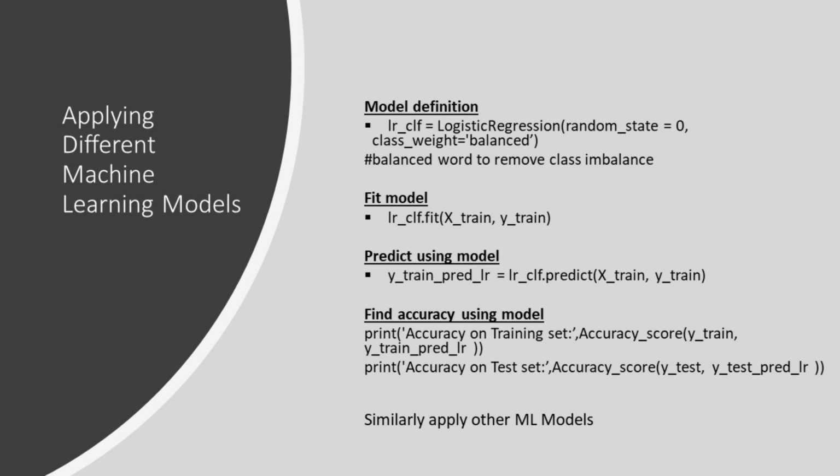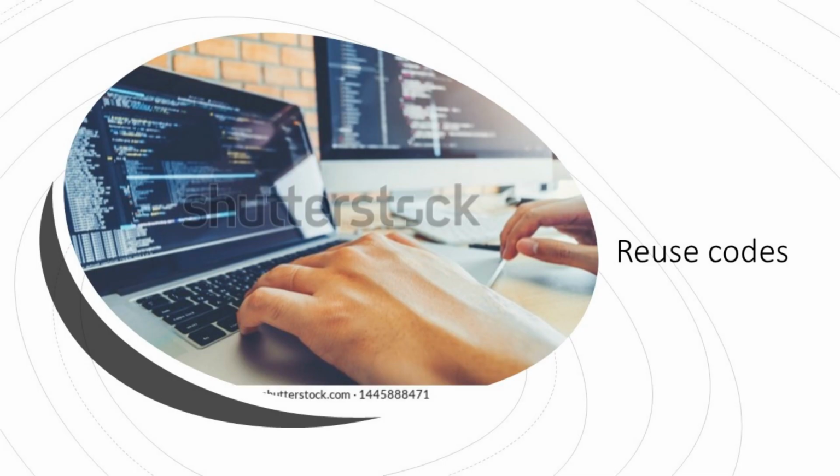I will just call the dot predict function, and I will input the X train in that. And then I will get some Y train predict. Now what exactly does it mean? This predict using model means that I have fitted this model on X train and Y train, and now I want you to predict, according to the model that you have got, what should be the value of Y train.